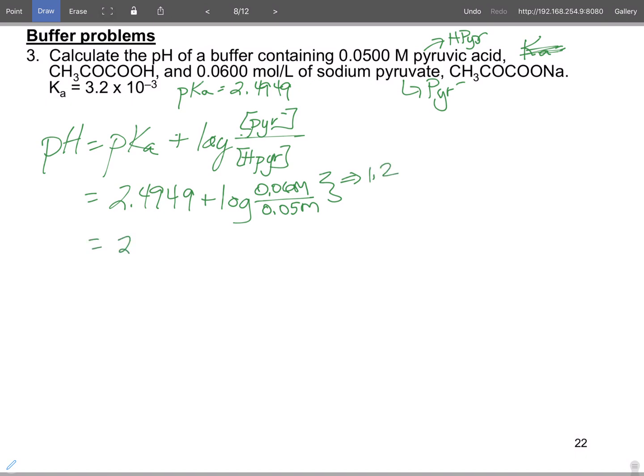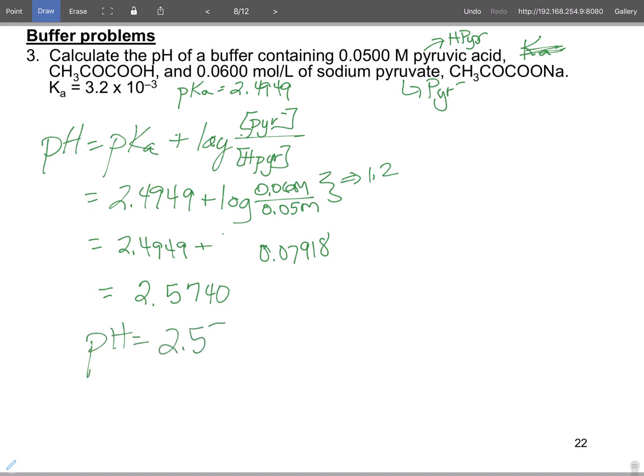So it's 2.4949 plus the log of 1.2, which is 0.07918. Excuse me, that's the log value after we've taken the log of the 1.2. So we get 2.5740, which means the pH is 2.57 of this buffer solution.